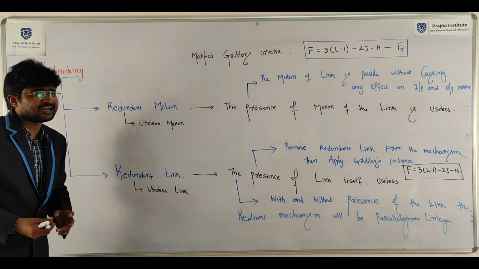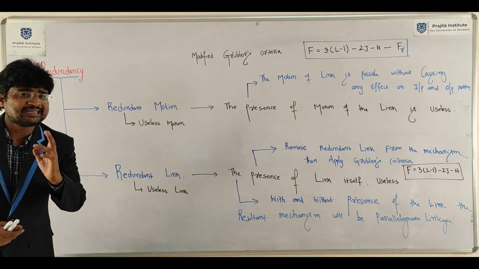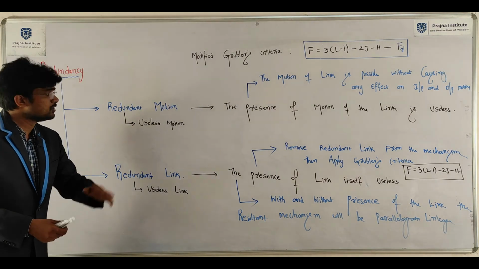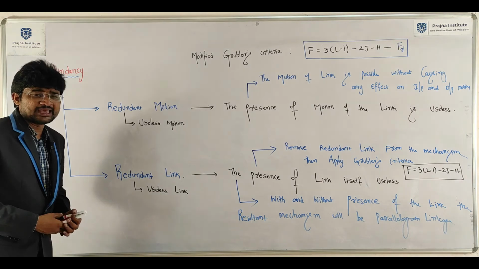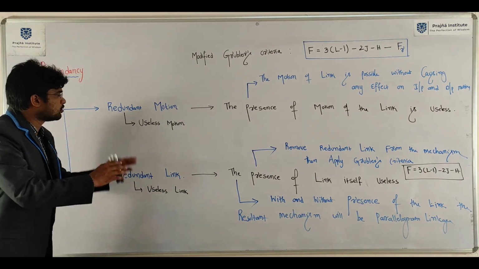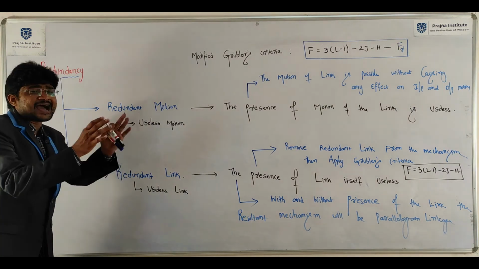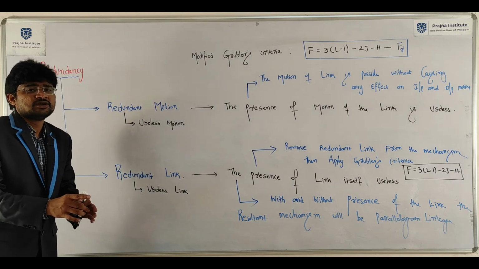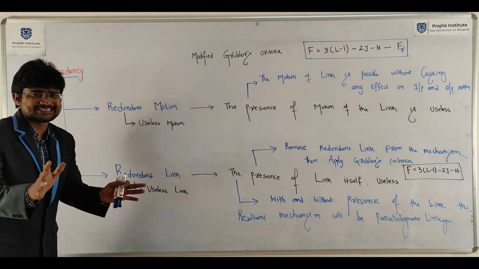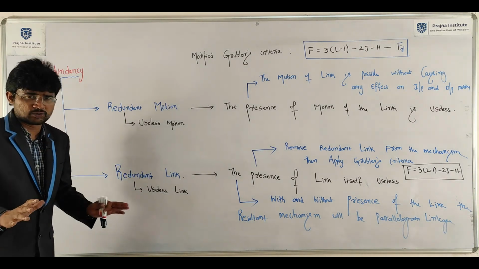Okay, so you will definitely get one question in degree of freedom, that too the redundant case. So no need to worry about these two. Why? Because we have a set of mechanisms. Just follow those mechanisms. The question will definitely come from that only.